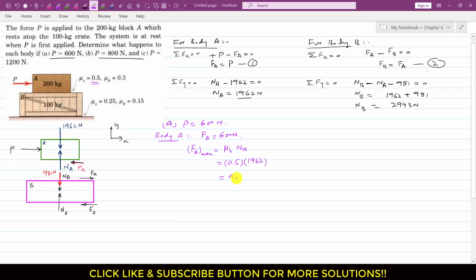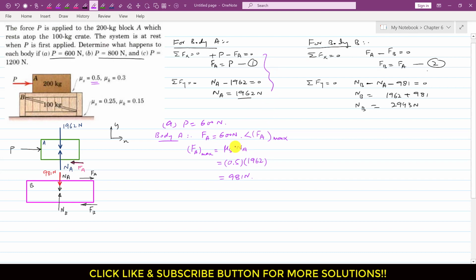So as we can see, this Fa is less than Fa max. This means that body A is at rest, since the friction force is less than Fa max. If the friction force was greater than Fa max, that would result in kinetic friction, and our assumption would not be accurate.